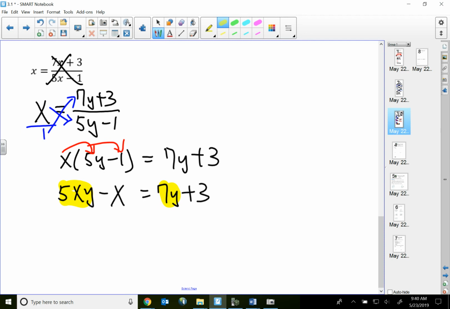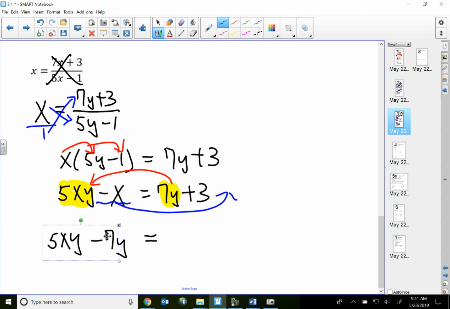So I need to make sure they are on the same side. I'm going to move my positive 7y over. That means the negative x has to go to the other side. On the left side now, I have 5xy, positive 7y comes over, becomes negative. On the right side, positive 3 is still positive 3, negative x comes over, becomes positive.